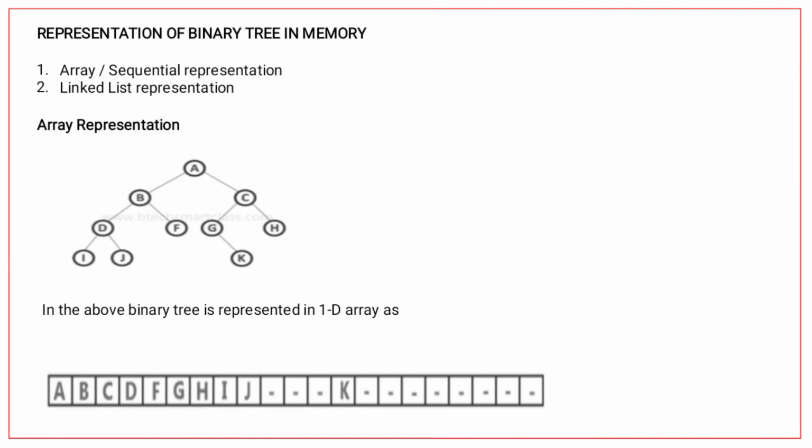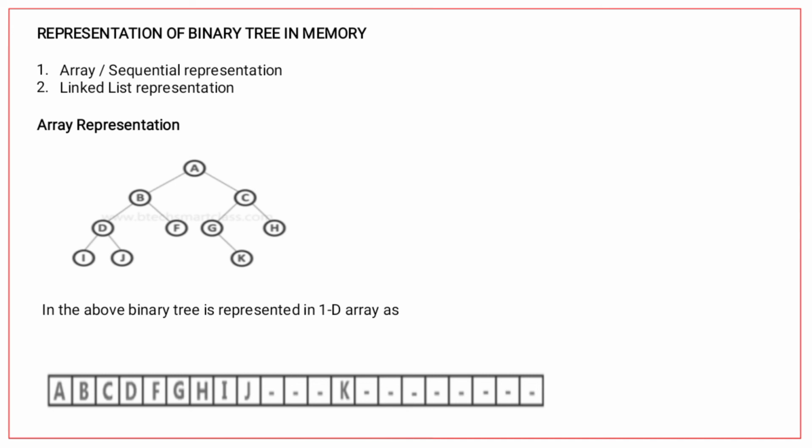Now the next topic is representation of binary tree in memory. There are two ways of representing a binary tree in memory. First, array or sequential representation. Second, linked list representation. Now first, array representation. In array representation of a binary tree, we use a one-dimensional array to represent the binary tree.